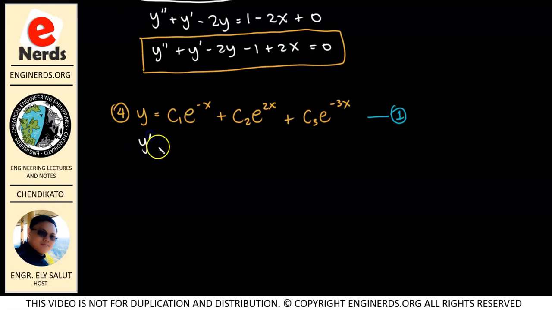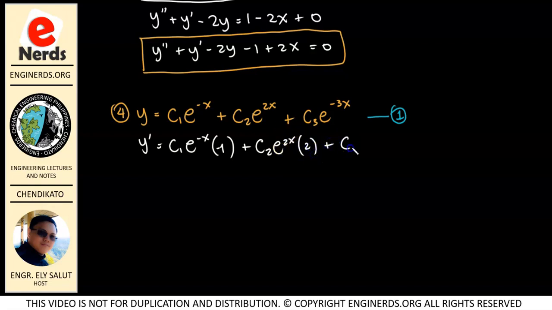So, we have y prime is equal to C1 times the derivative of e to the negative x. So, e to the negative x times the derivative of negative x, which is negative 1. Okay? Then, plus C2, the derivative of e to the 2x. So, we have e to the 2x times the derivative of 2x, which is 2.